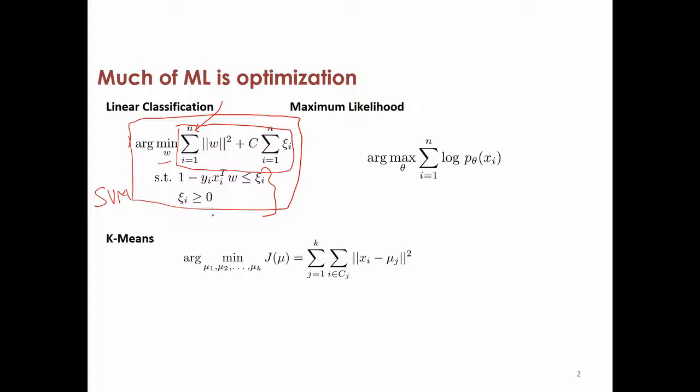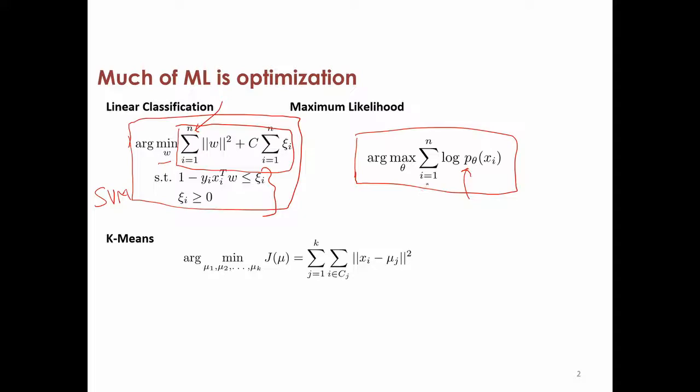Then there is maximum likelihood estimation of models. Here you have a probabilistic model p theta, which is a function of parameters theta and data points xi. Here it could be xi and yi both.